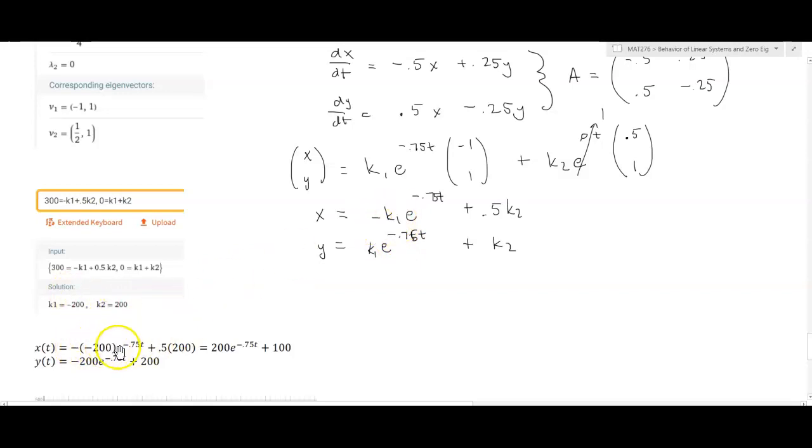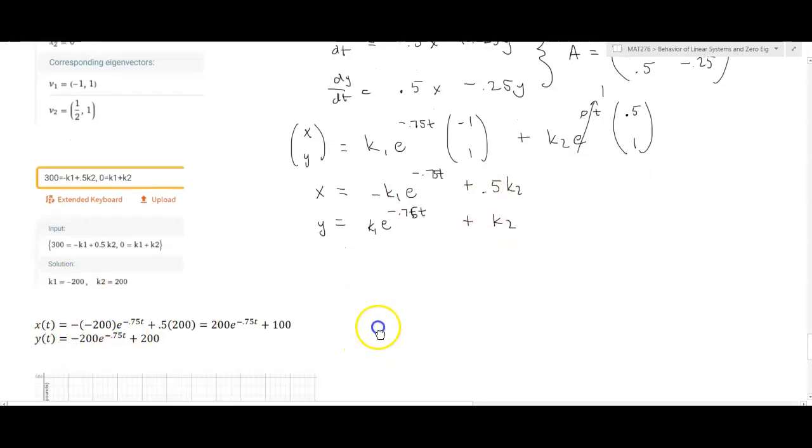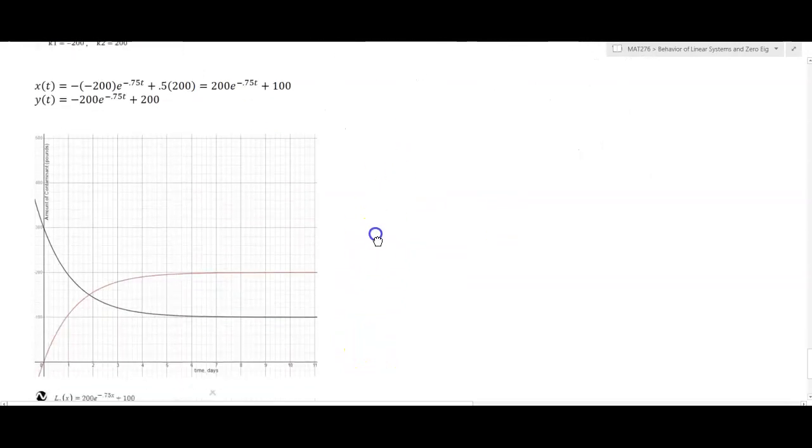I get negative 200 e to the negative 0.75t, plus 0.5 of the 200, which is k2, so x(t) equals 200 e to the negative 0.75t plus 100. And then the second one, y(t) equals negative 200 e to the negative 0.75t plus the full 200. When I graph them, here's what I get.